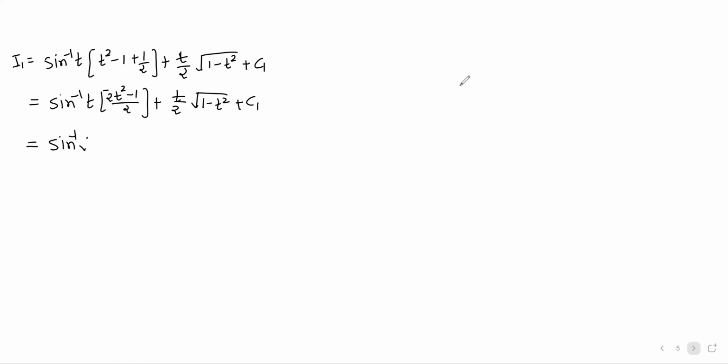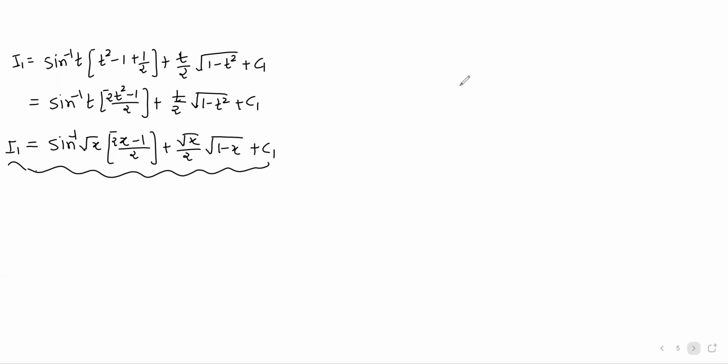Sin inverse root x into t square, which is x, so 2x minus 1 upon 2, plus root x upon 2 under root 1 minus x, plus c1. Substitute I1.